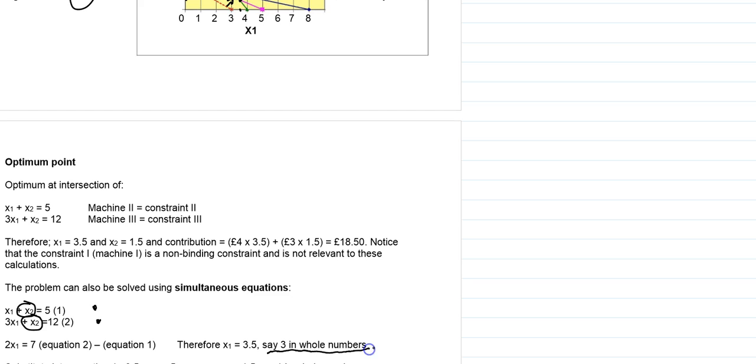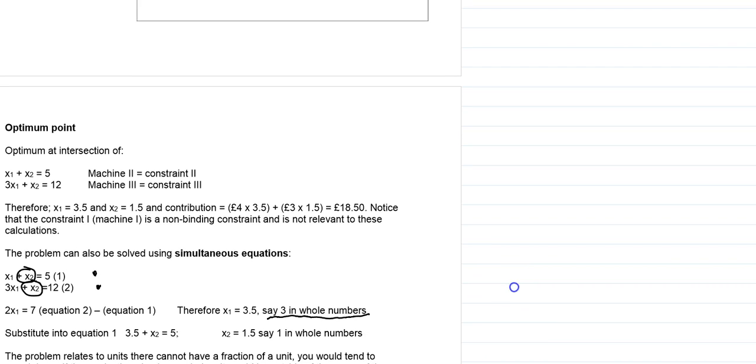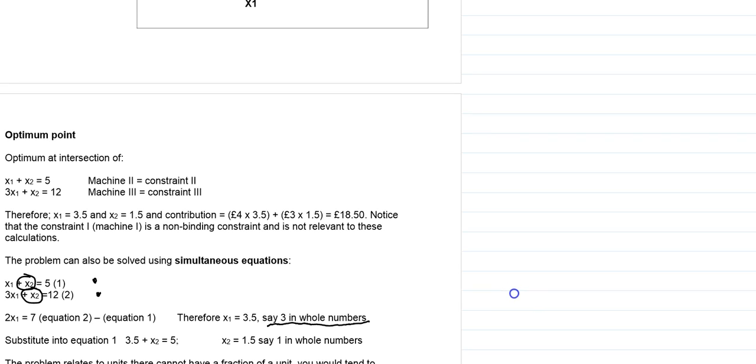So when you're doing it in reality, we'll actually take it down to whole numbers. We will round down because you can't round up, because if I rounded up, I would be outside the feasible region. I would be outside the constraints. I've got to take my 3.5 into my second equation.